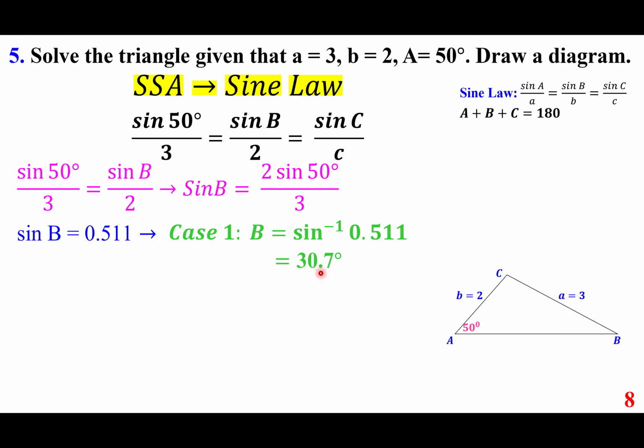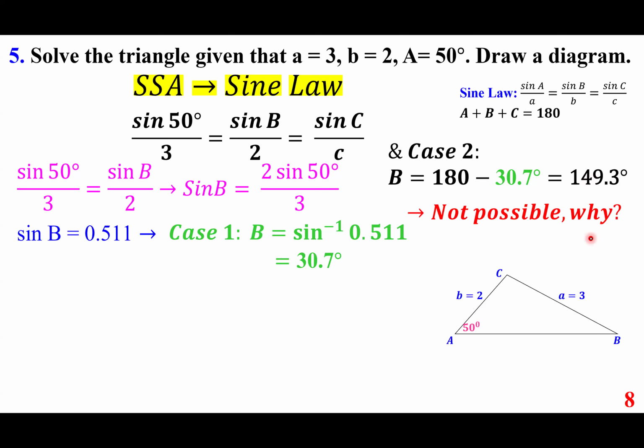Subtract this from 180, and you get 149.3 degrees. Does this create a second set? Well, add this one to 50, everybody. Because it goes beyond 180, this doesn't produce any triangle. So that's impossible.